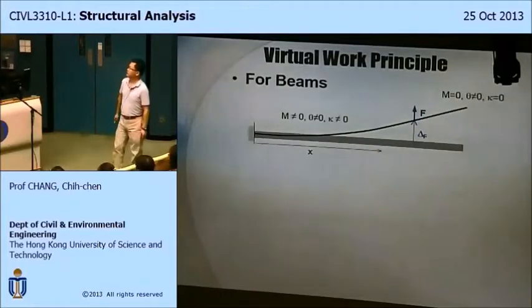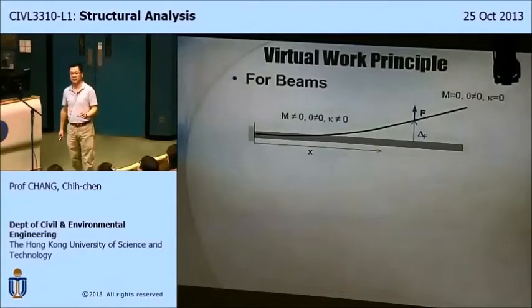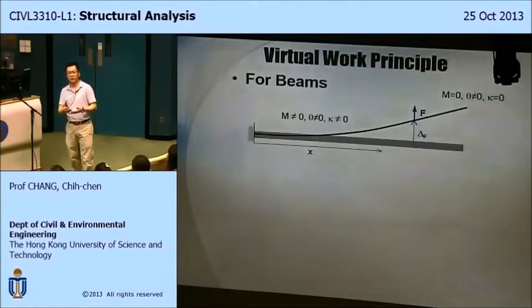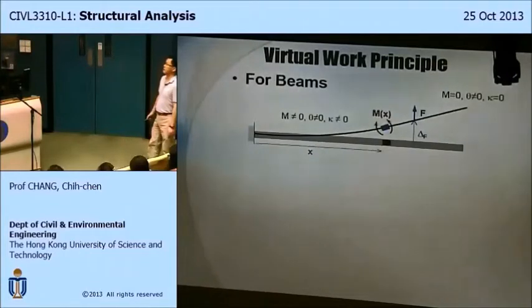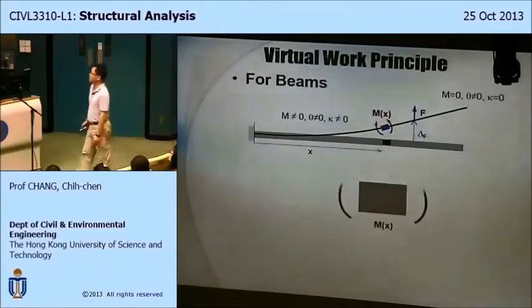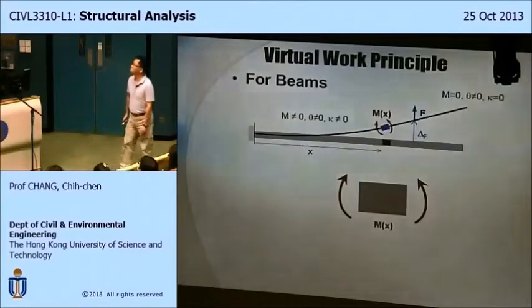Let's just use a small segment, as we always want to do for beam structures. We use a small segment, analyze the strain energy or the property, and then try to integrate for the whole beam. So let's take a small segment out. This segment is located at location X, with an internal bending moment applied.